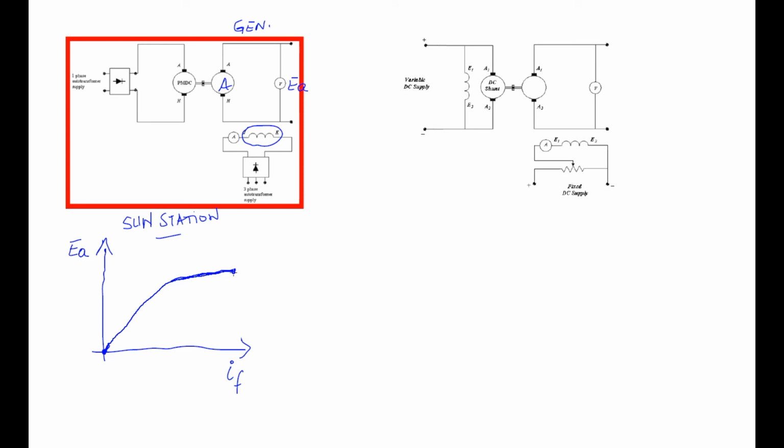Now, after we reach that part, we can reduce the field current from this maximum value, going back towards zero. But the characteristic will follow another path, where once we reach zero field current, the voltage generated across the armature will be different from zero.